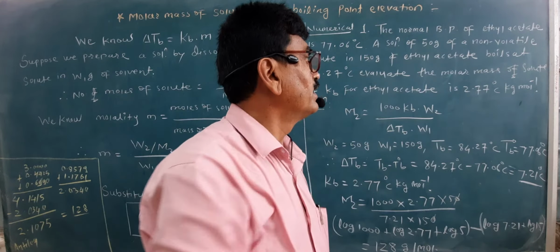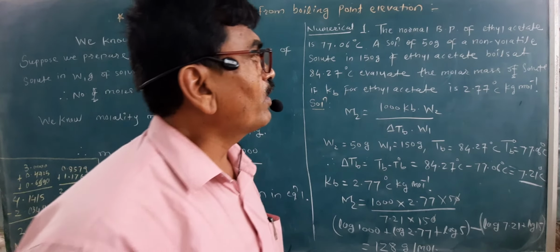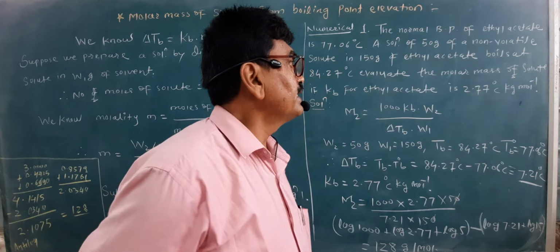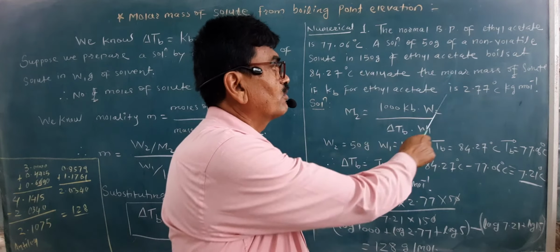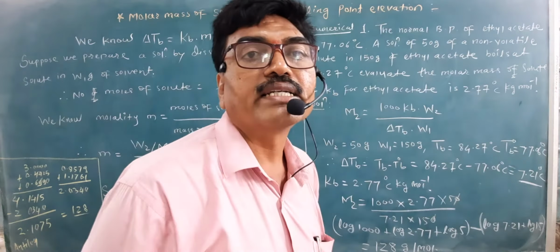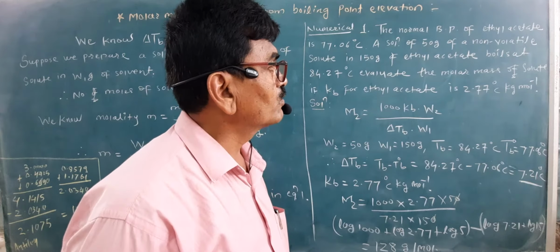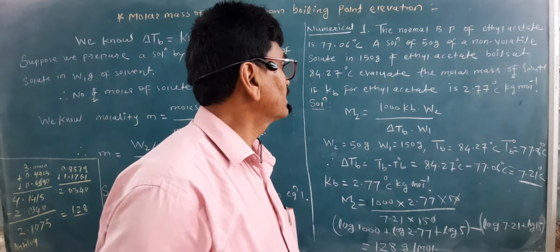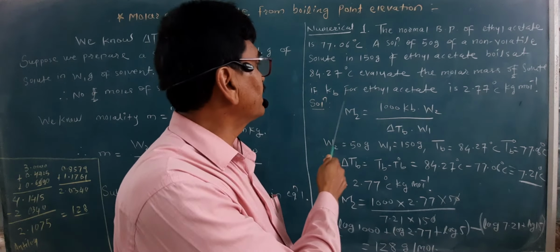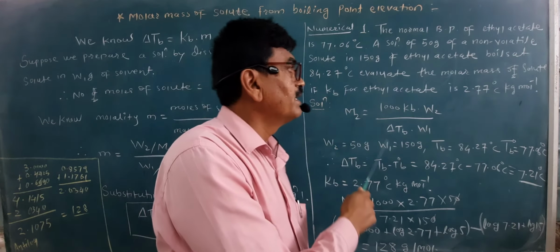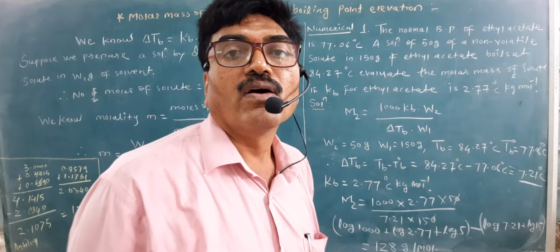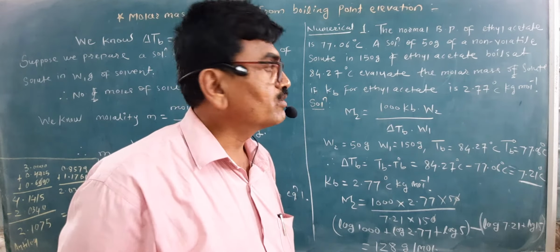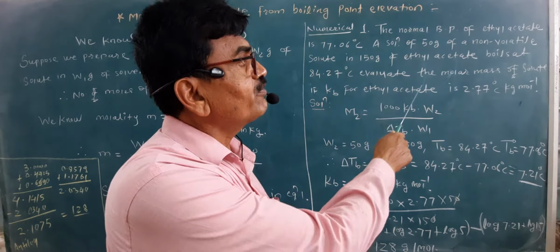Now see here, the boiling point and the Kb molar elevation constant are given in degree centigrade instead of Kelvin. It doesn't matter whether the boiling points, the elevation in boiling point delta Tb and Kb are in degree centigrade or Kelvin, because these are differences.